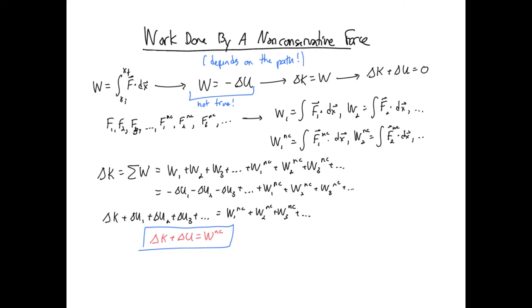For instance, it's not common in Physics 1 to talk about thermal energies, or the energy due to sound, or light, or anything else like that. Traditionally, that's reserved for Physics 2 and a Physics 3 course if it's available. But if we know the work done by those interactions, sound, thermal energy, light, we can use this equation to determine how those sources of energy, which we don't know much about, change the total energy of the system.